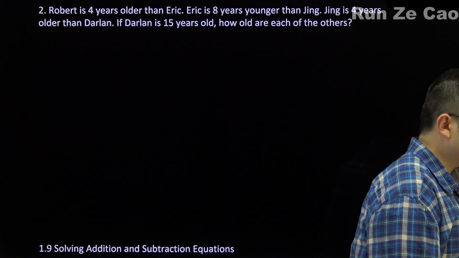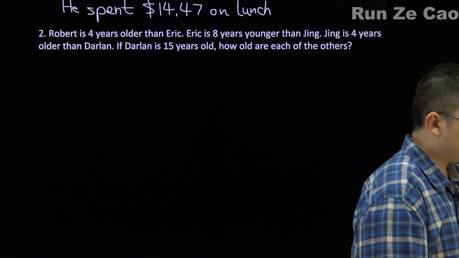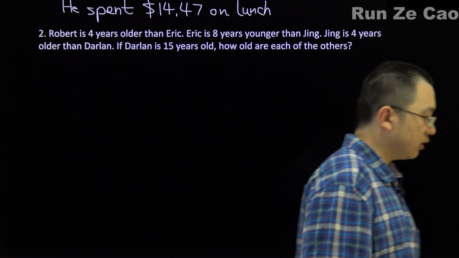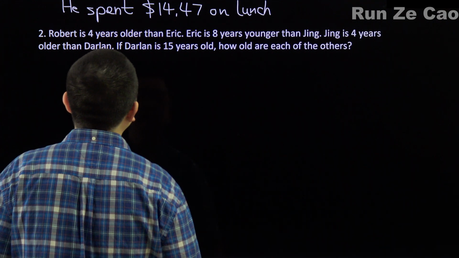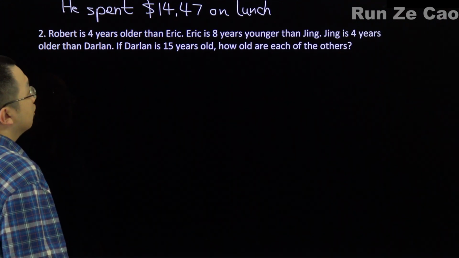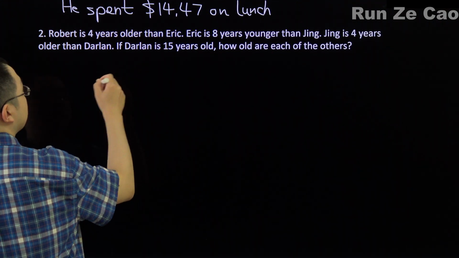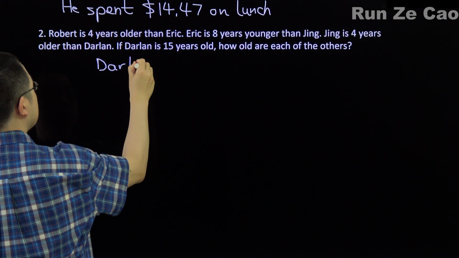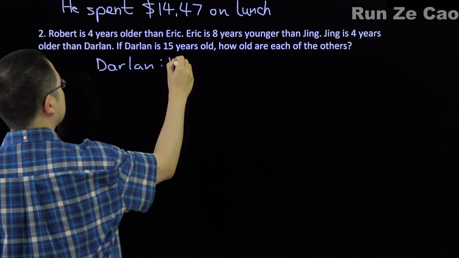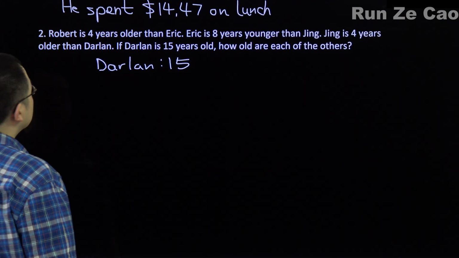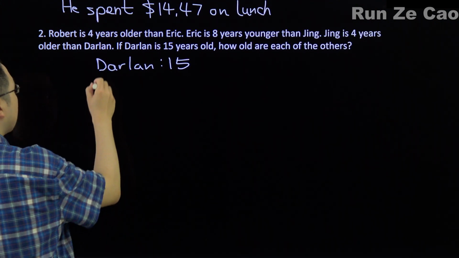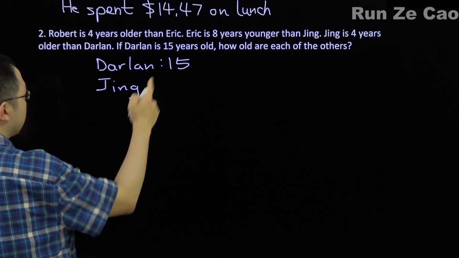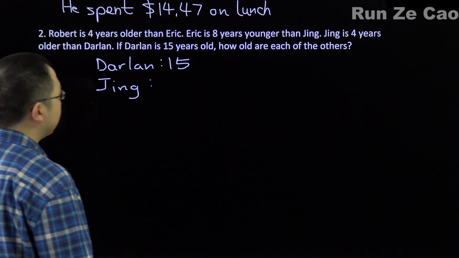Robert is 4 years older than Eric. Eric is 8 years younger than Jing. Jing is 4 years older than Darlan, and Darlan is 15 years old. How old are each of the others? Well, Darlan is 15. Jing is 4 years older than Darlan, so Jing is 19. We're going backwards in terms of the order they're presented in the problem.